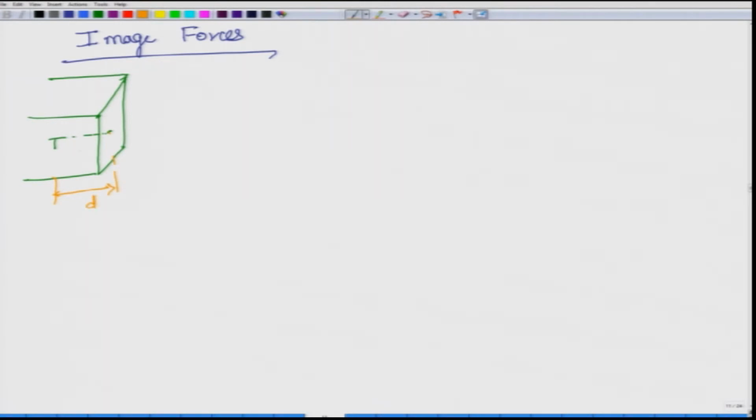Dislocations which are very close to the surface experience an attractive force, as if there is a dislocation of opposite Burgers vector lying somewhere over here at a distance equal to d.